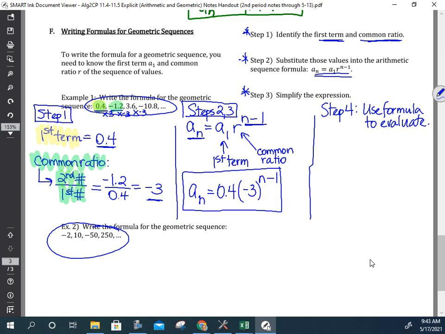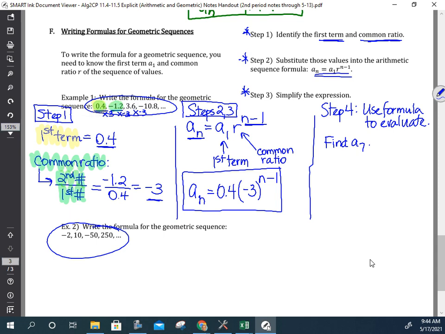So let's assume that they ask you to find A7. So again, this re-practices how to evaluate a sequence.